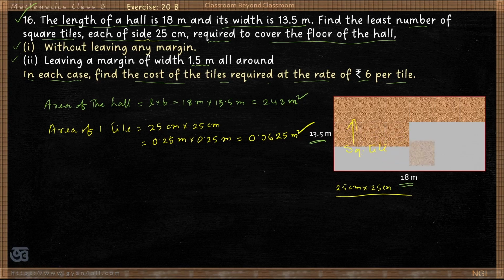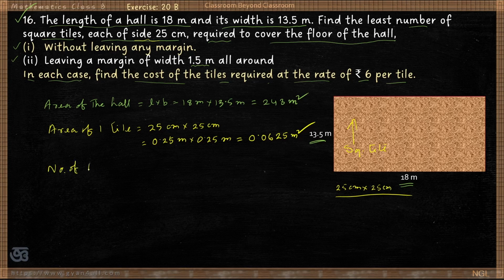So if we do the tiling in the hall, then the hall will be covered with tiles without any margin. That means the whole area of the hall will be covered with the tiles. So how many tiles are required?